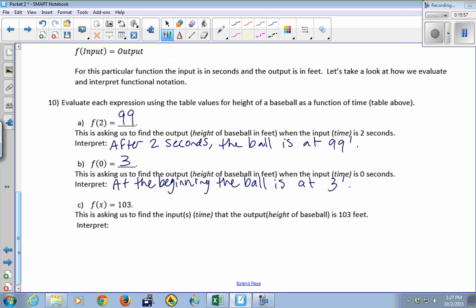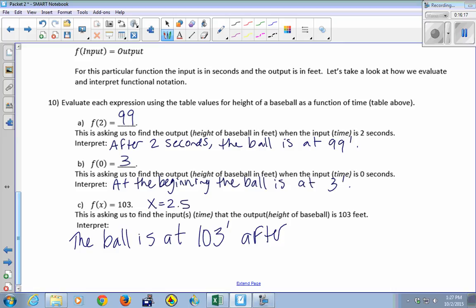So I would just write x equals 2.5 as my answer. That's like an equation. We solved it. We got x equals 2.5. And to interpret it, we would say the ball is at 103 feet after 2.5 seconds.